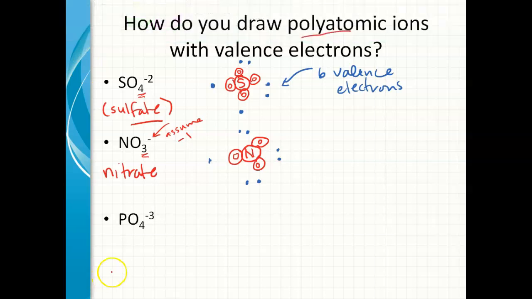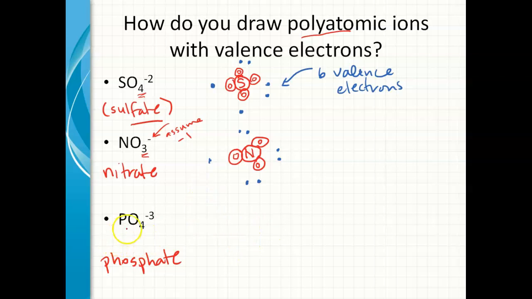We've got phosphate. Whenever we see anything that has more than 1 type of atom as an ion, we call that polyatomic, and it usually ends with an ATE ending. As I said, you will always be given a chart where you can refer back to that.